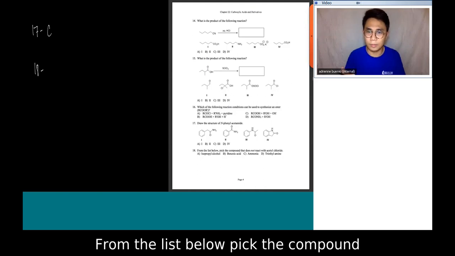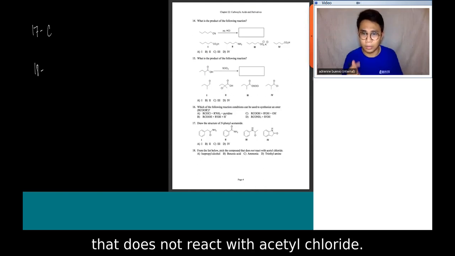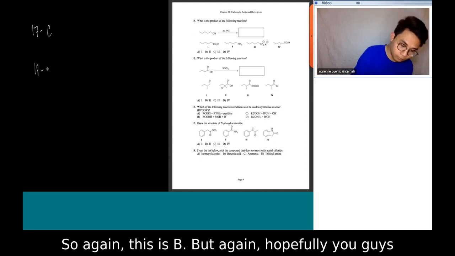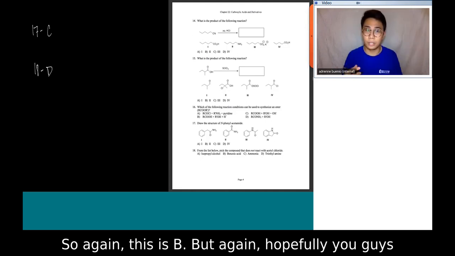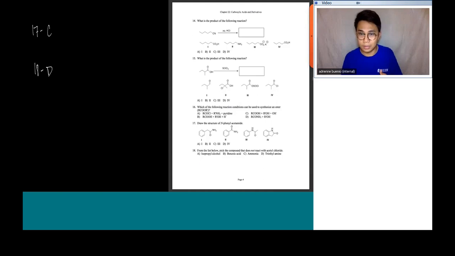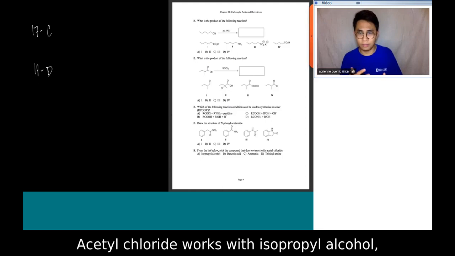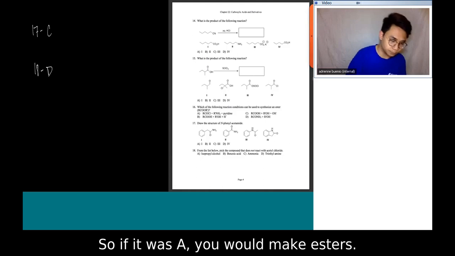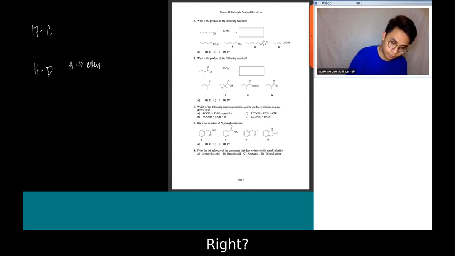18, from the list below, pick the compound that does not react with acetyl chloride. So again, this is D, but hopefully you guys are connecting the dots. Acetyl chloride works with isopropyl alcohol, acetic acid, ammonia, but not with triethylamine. If it was A, you would make esters, right?